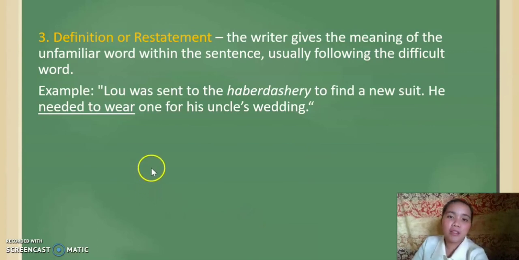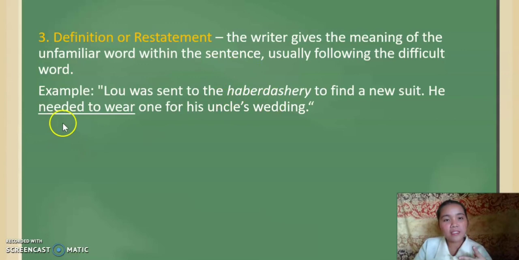Now the third context clue is definition or restatement. The writer gives the meaning of the unfamiliar word within the sentence, usually following the difficult word. But here in our example: Lou was sent to the haberdashery to find a new suit. He needed to wear one for his uncle's wedding. So it is not in one sentence.